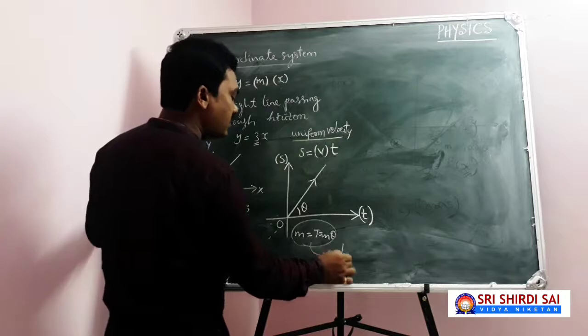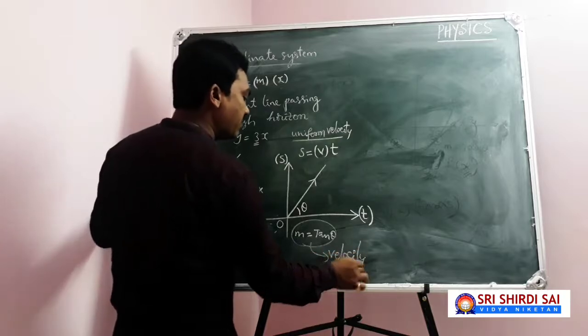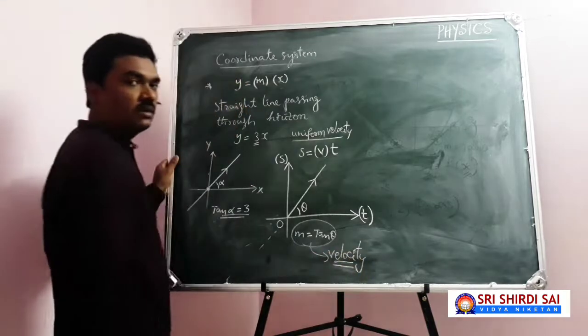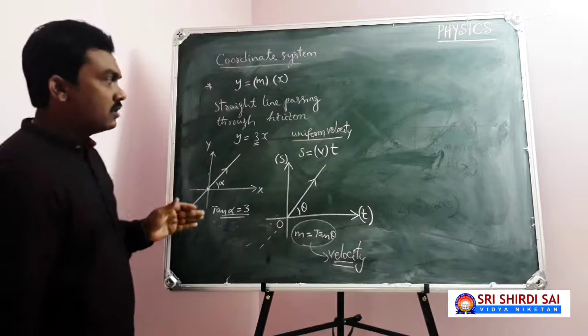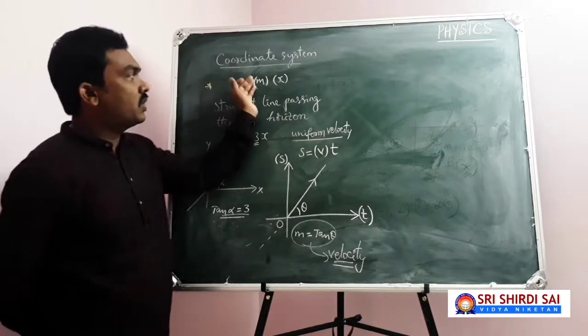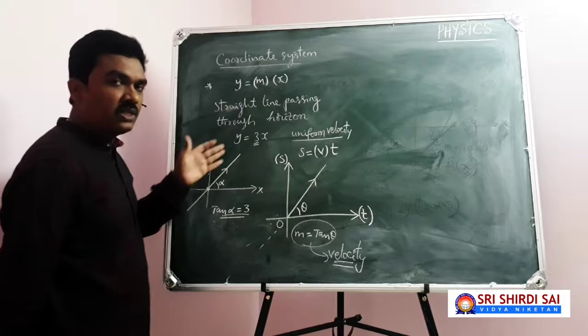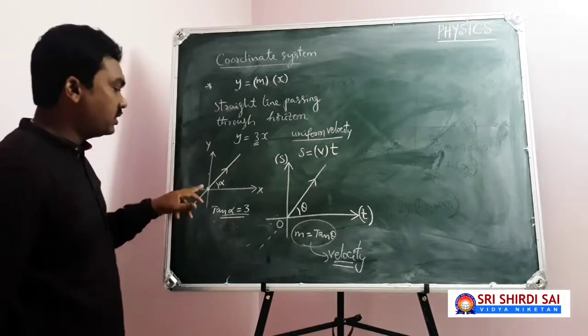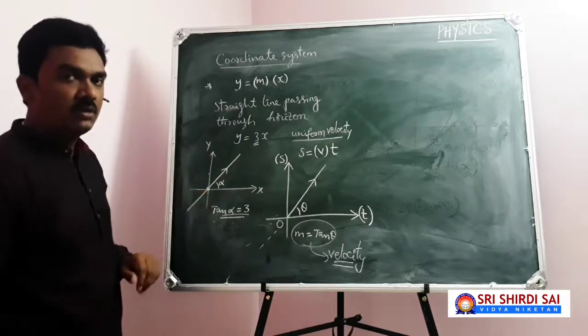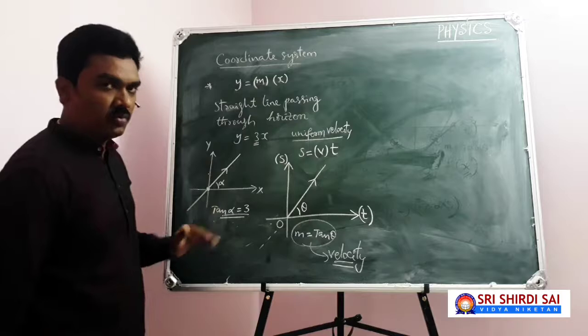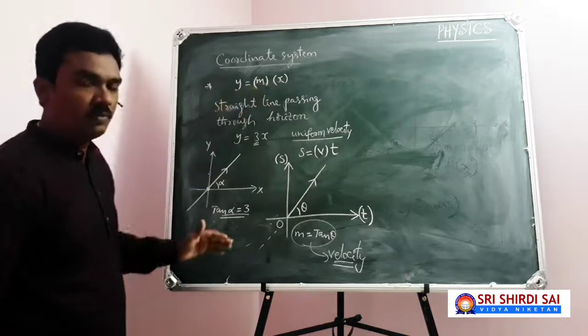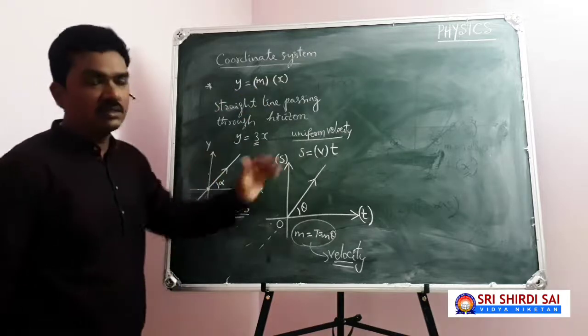This is what physics, connecting with mathematics. So the conclusion is the equation y equal to mx represents a graph which is a straight line passing through origin with constant slope, where m represents slope. Connect with physics.